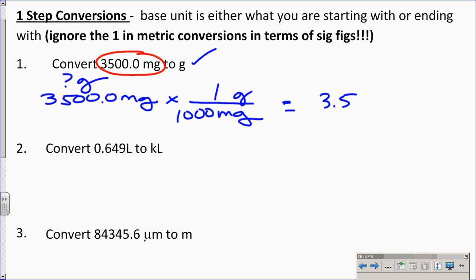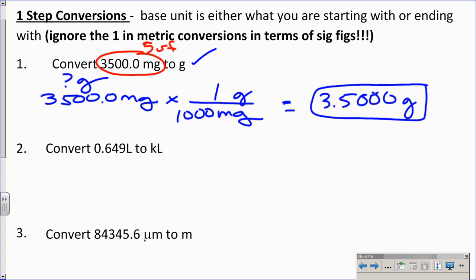So for metric stuff, convert and round to the sig figs given in the problem itself. So how many sig figs here? 5 sig figs, okay? So what do I need to make sure I've got my 5 sig figs? A bunch of zeros: 1, 2, 3. So it is exactly 3.5000 grams. That is my final answer.